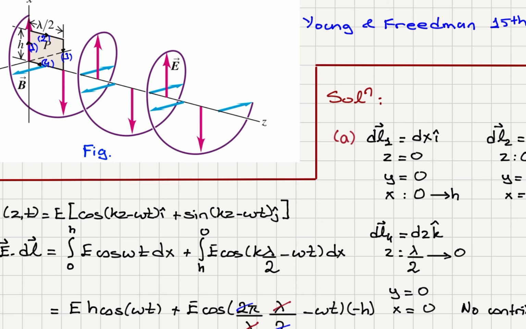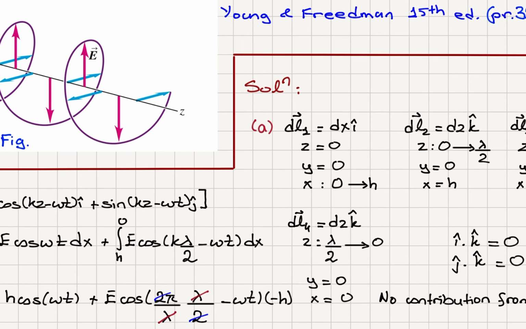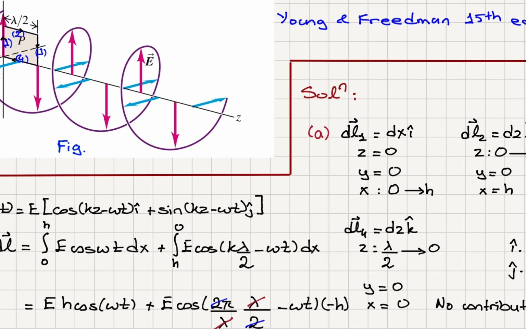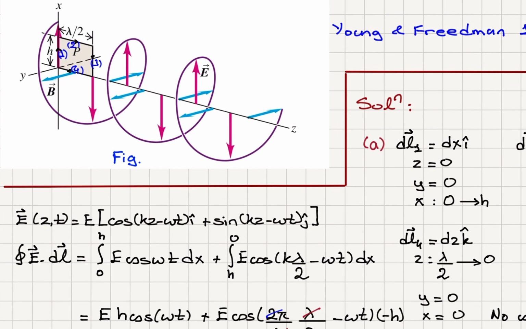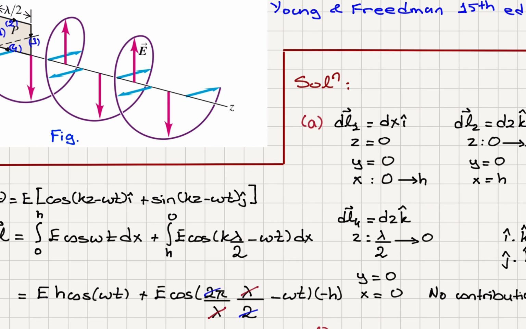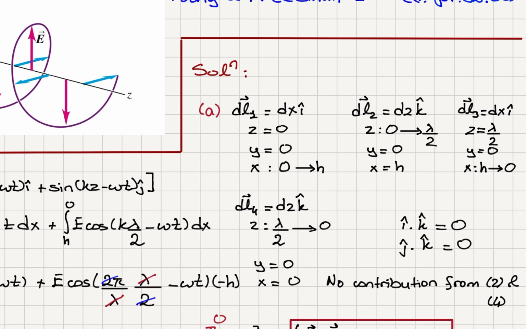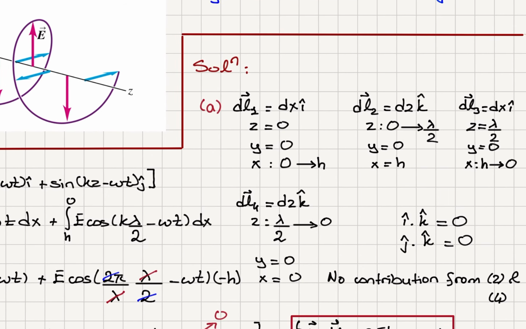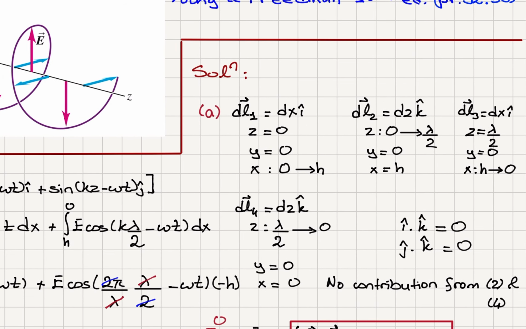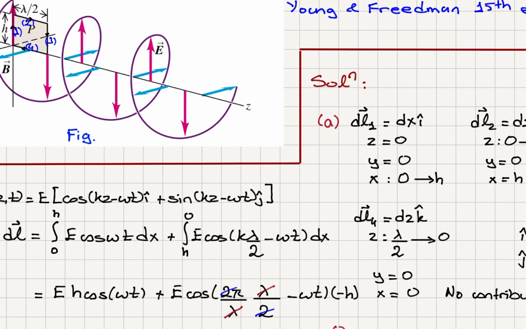The second path segment, where I have a change in the z value going in the k hat direction, i hat dot k hat, j hat dot k hat is 0. This gives me no contribution. The same thing happens on segment 4 here. The dot product with k hat is 0. For segment 3, I obtain the same integral as in the first segment, but now z equals lambda over 2 and x goes from h back to 0.